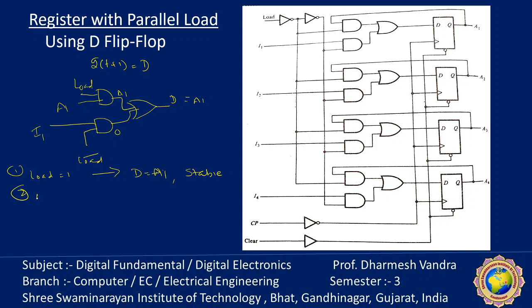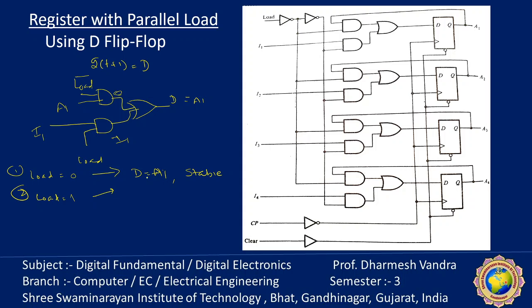Now it depends on the condition load equal to 0. Sorry, this is load bar first, and this is load, so it is in reverse. Whenever load equal to 0, it is stable data. When load equal to 1, this will become 0, and this will become I1.